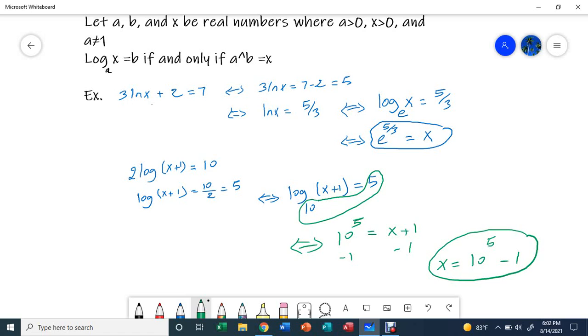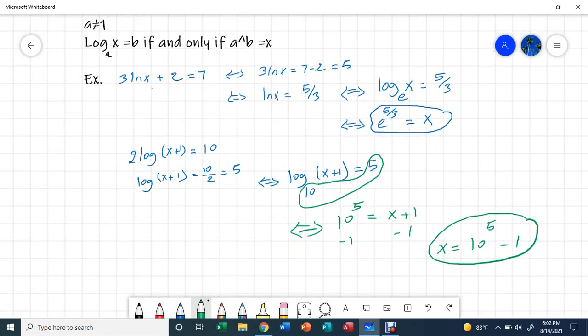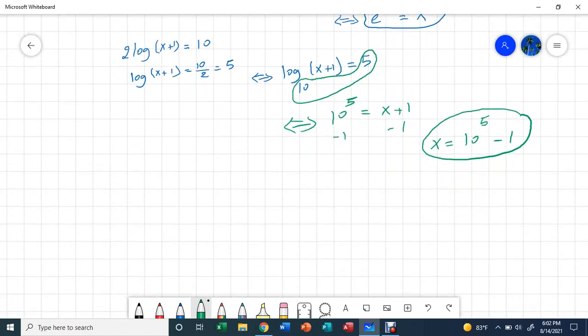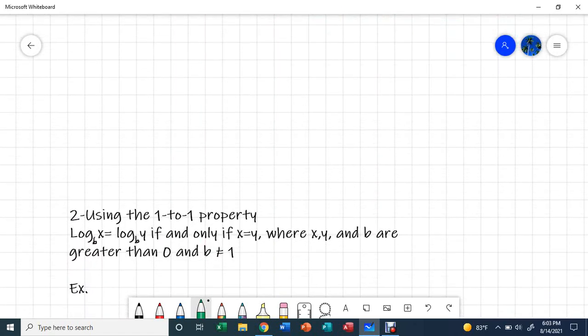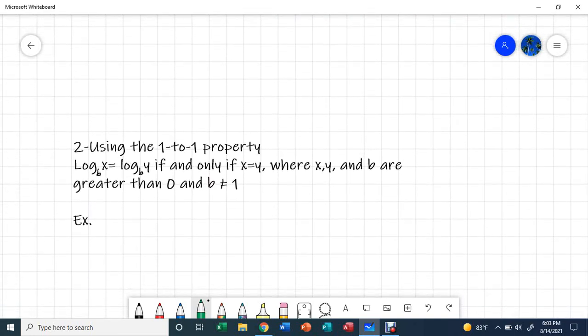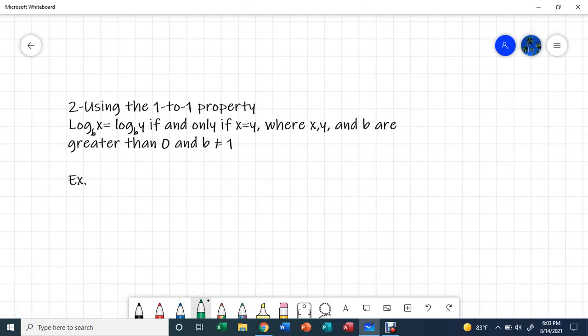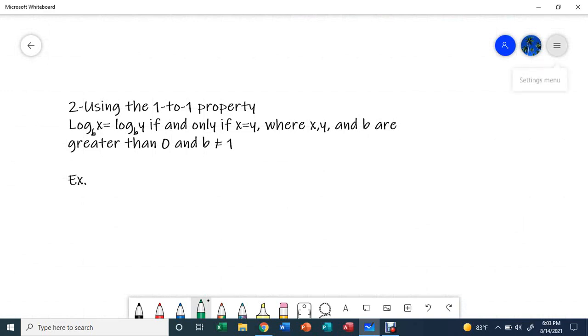Now let's move on to the second technique, which is the one-to-one property. Log base b of x equals log base b of y is equivalent to x equals y, where x, y, and b are greater than 0, and b is not equal to 1.